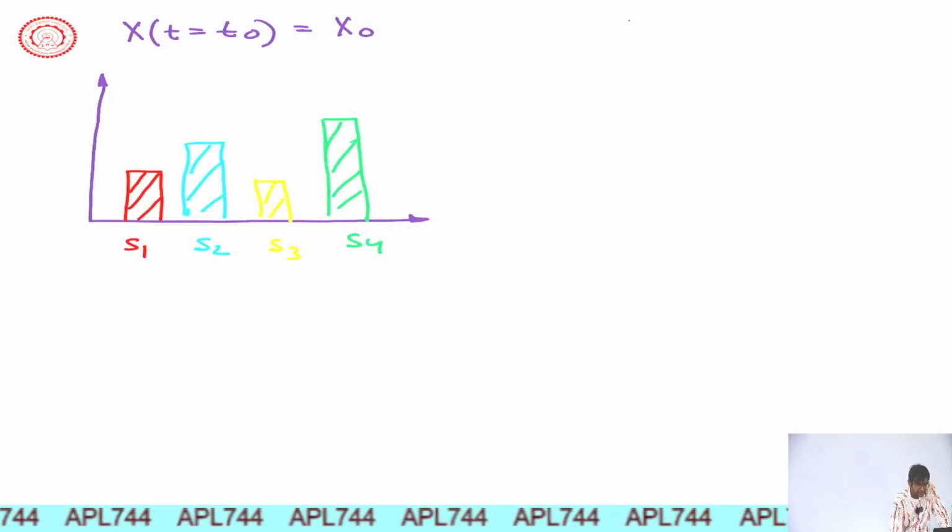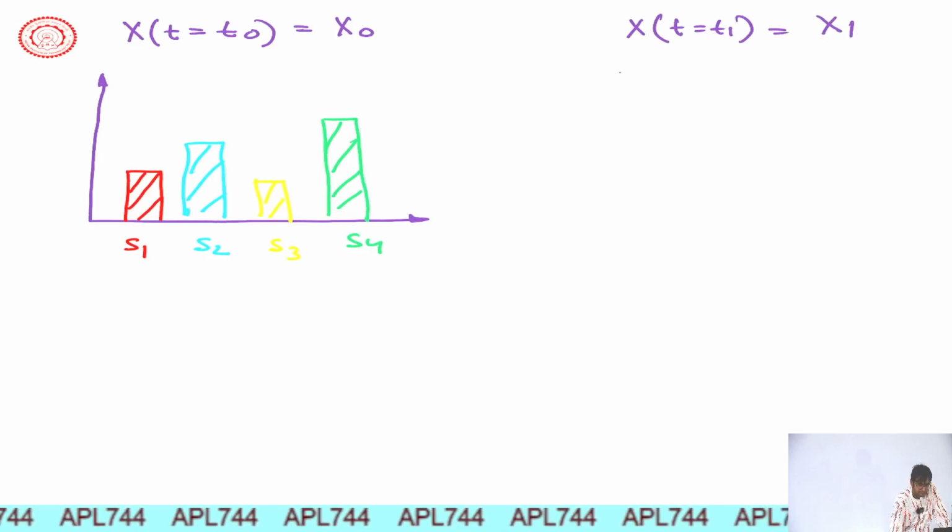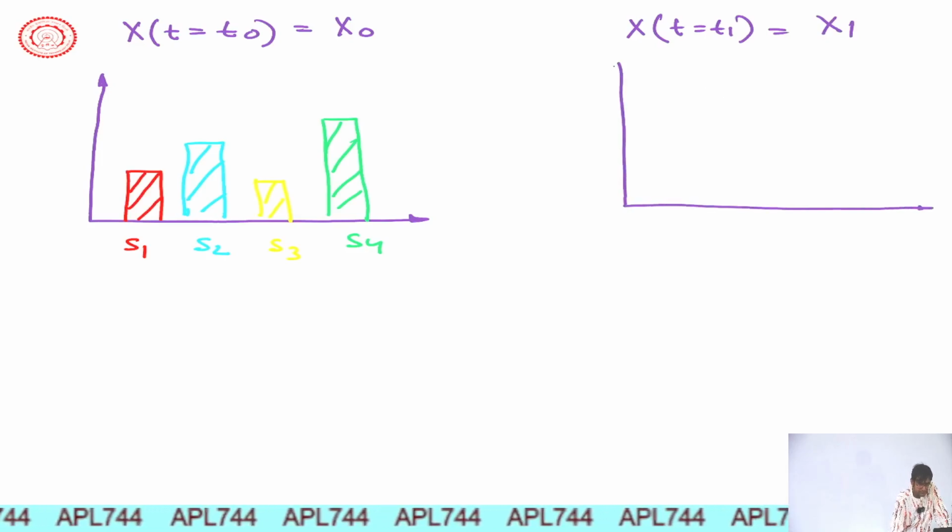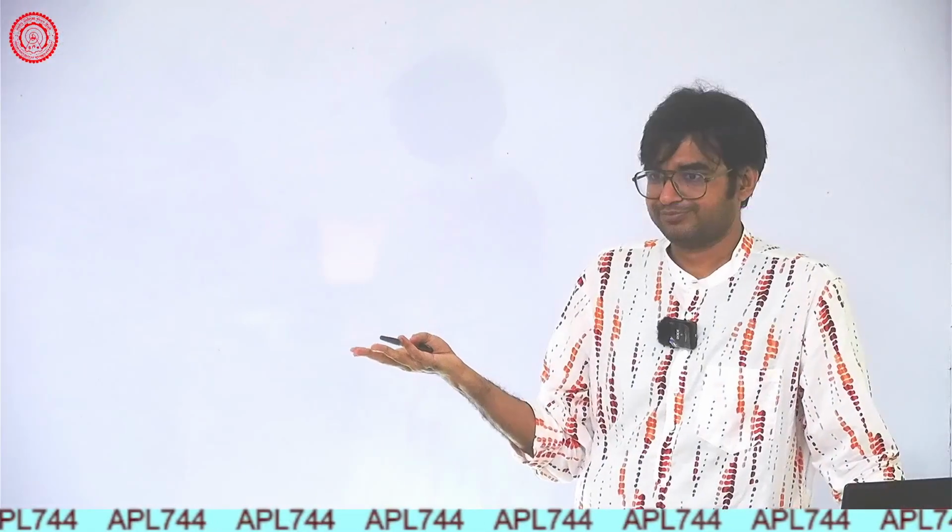if I take x at t equal to t1 is equal to x1, then these things will change, but the outcome is still 4, because I have assumed that it's a discrete value and it can give only one of the 4 states. That's the assumption we are working with, right?